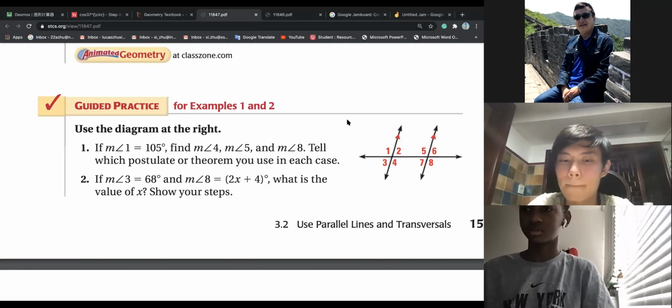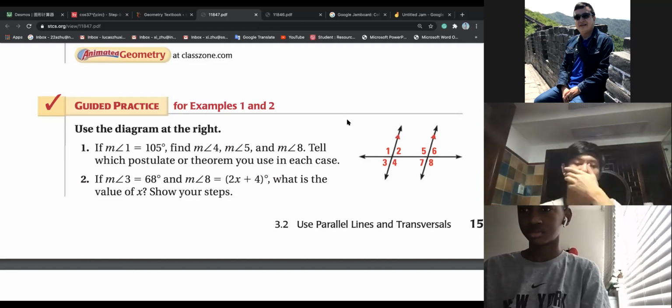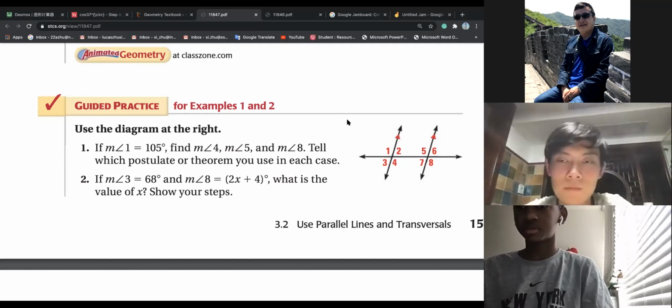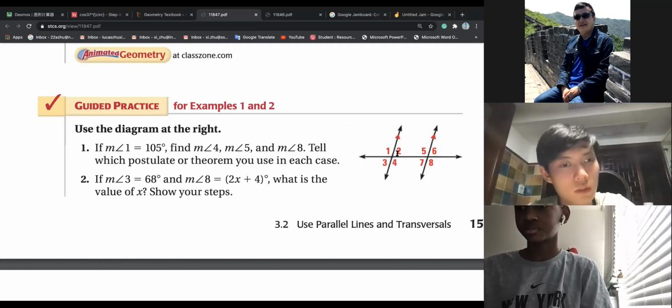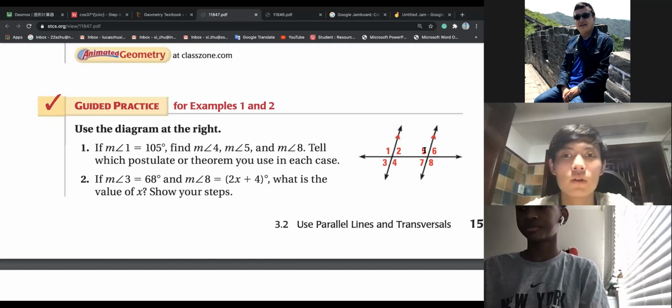Okay. So what's the measurement for angle 4? 75 degrees. And angle 5? 105. And 8? 75 degrees.